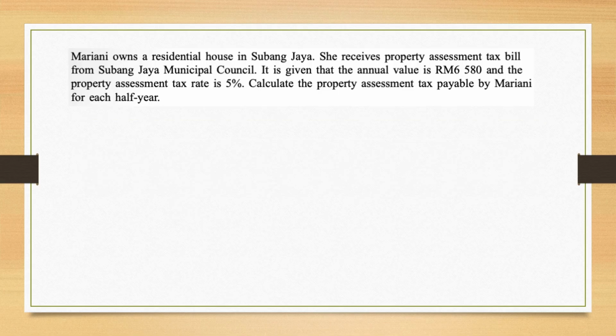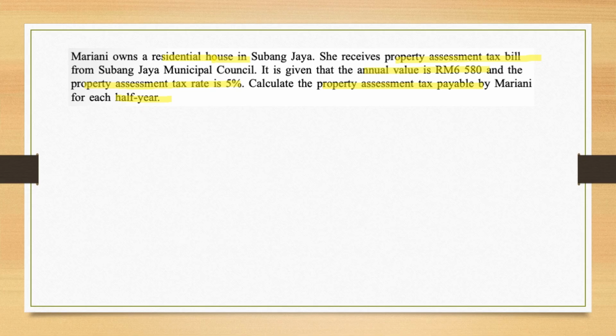Okay, as I mentioned, residential house, property assessment tax bill, annual value 6,580, property assessment tax rate 5%. Calculate the tax payable for your property assessment for each half year. Now, how do we do it? Very simple.